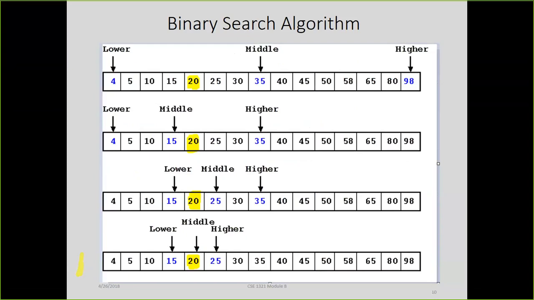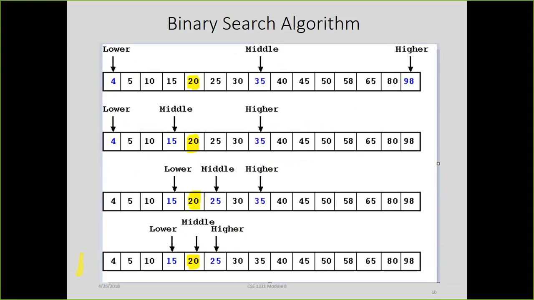If our expected value is, for instance, 20, we are searching whether 20 is available in this list. So we will get the value at the middle index. Then we compare that element, here 35, with my expected element 20. Since 20 is less than 35, we will truncate the higher part.